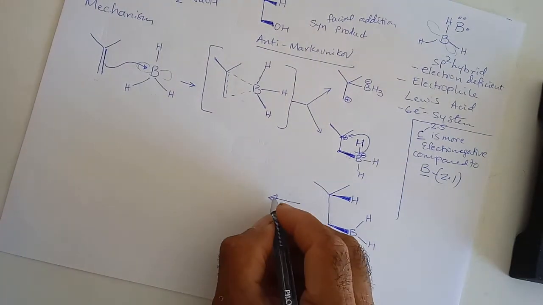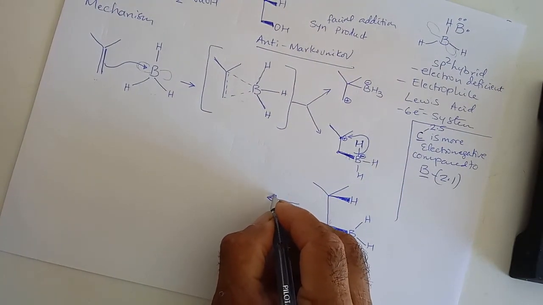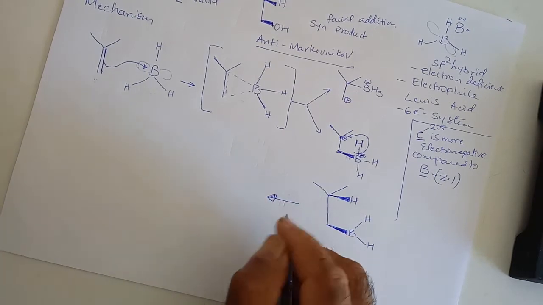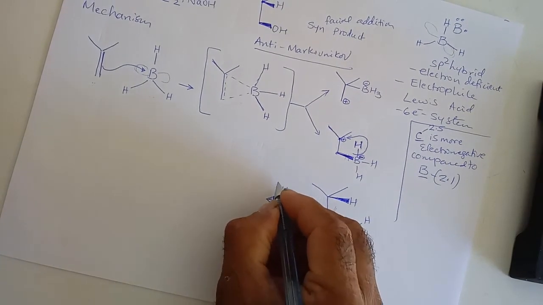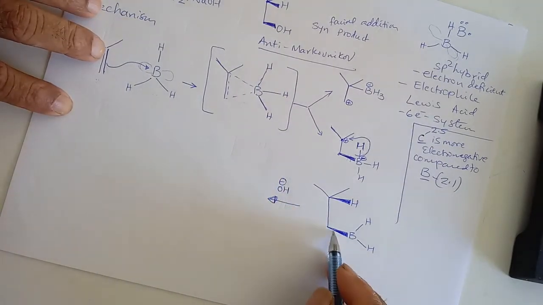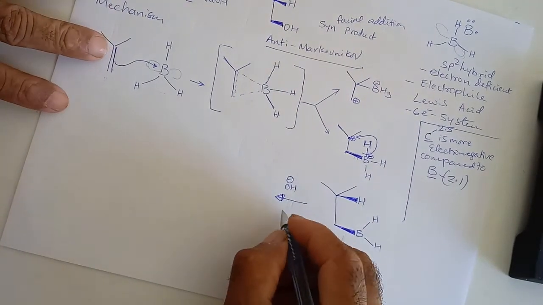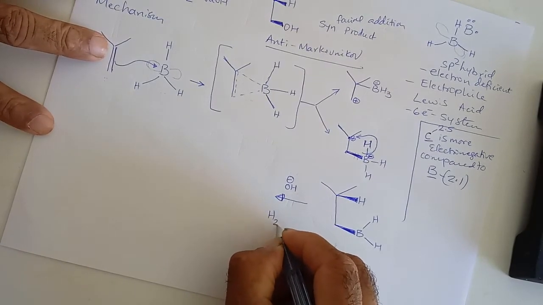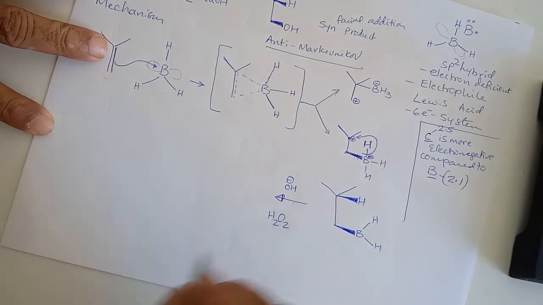Now, what happens next is controversial. Some people try to say that the OH minus is the one that attacks here and replaces that. Some people say that it's H2O2, the OH in H2O2.